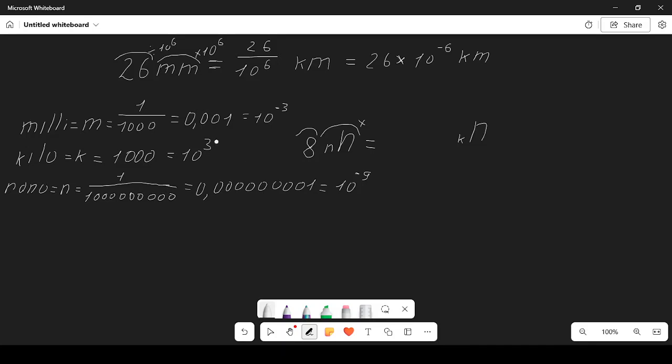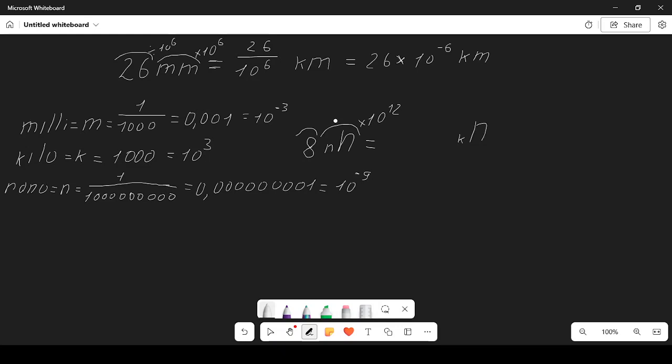From 0 to here, 3 orders of magnitude. So from here to here, 9 plus 3, 12 orders of magnitude. If we had nanonewtons and we wrote kilonewtons, it's the same as if we multiplied this by 10 power 12.